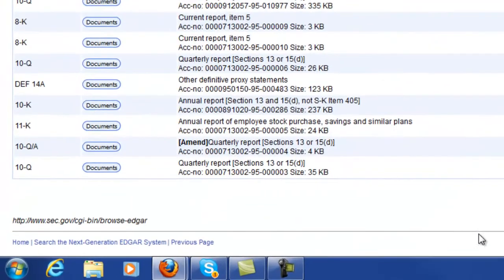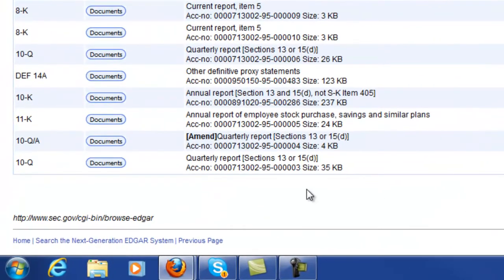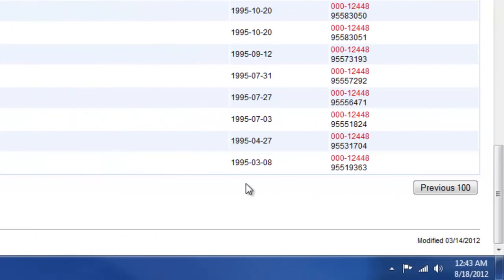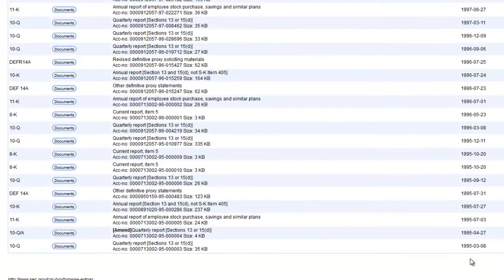We can see that the first form that was filed with the SEC was 10Q in 1995, and more specifically March 8 of 1995.